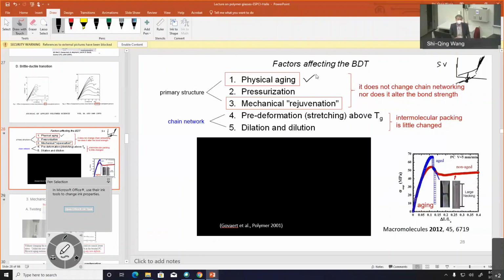Which makes a great deal of sense because aging is a process where all your monomers are trying to settle down to a more compact, denser state. Therefore, less mobility, therefore more difficult to gain mobility. So it's more brittle.